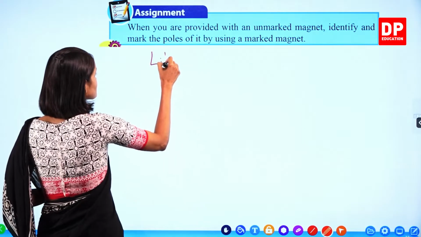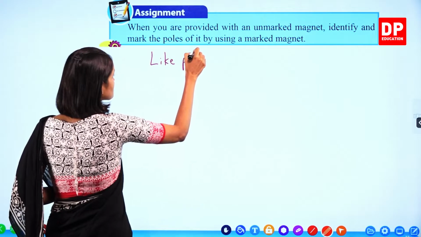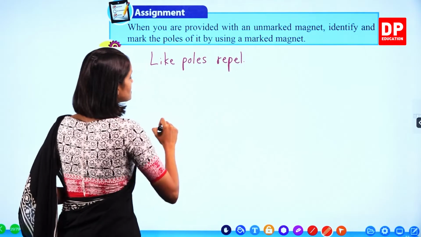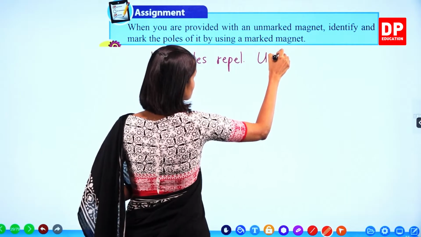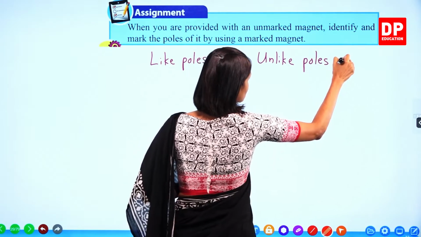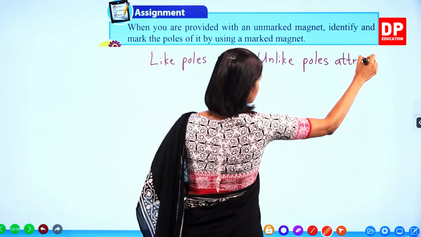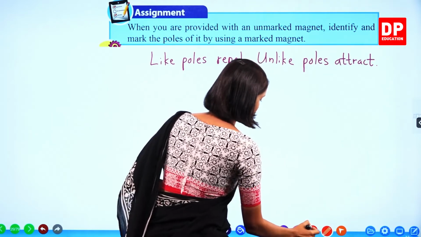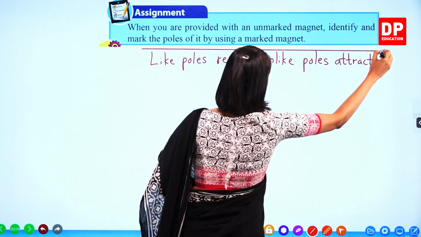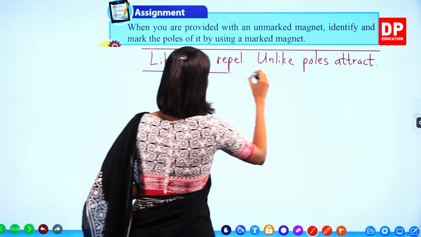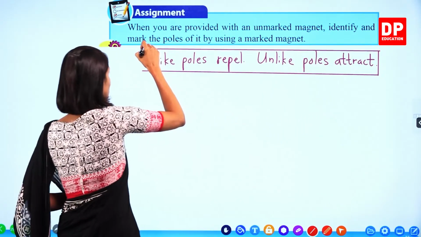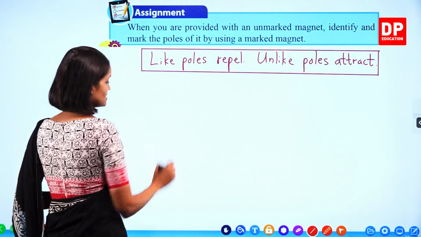Like poles repel, unlike poles attract. So this is the theory we are going to use. Therefore, I am going to mark it like this. Like poles repel, unlike poles attract. Using this theory, we can answer this question very easily.